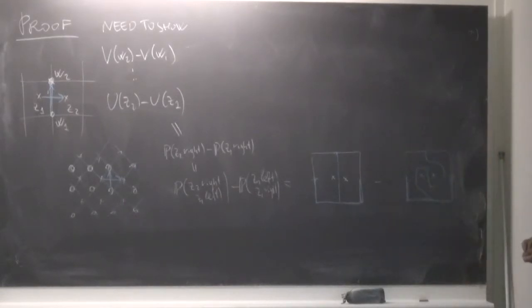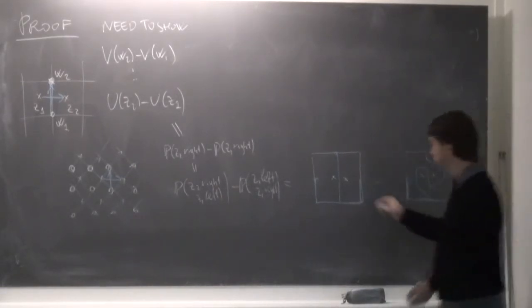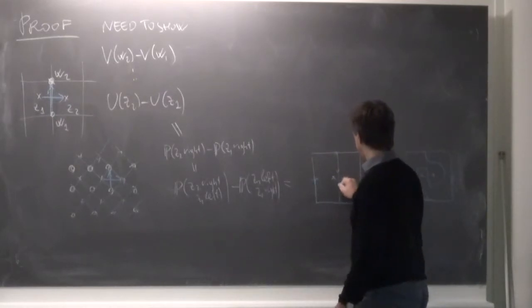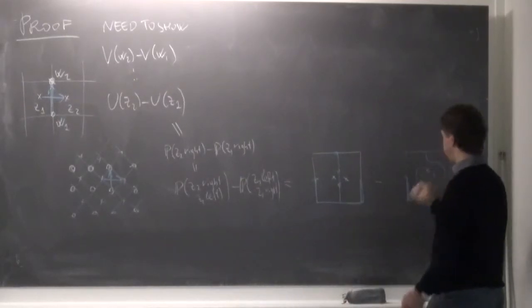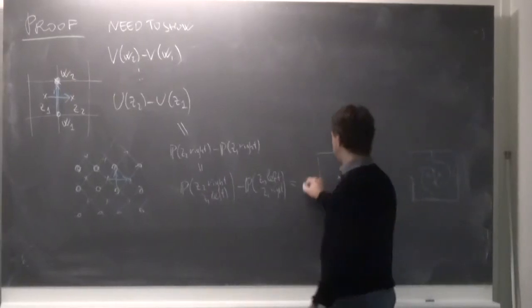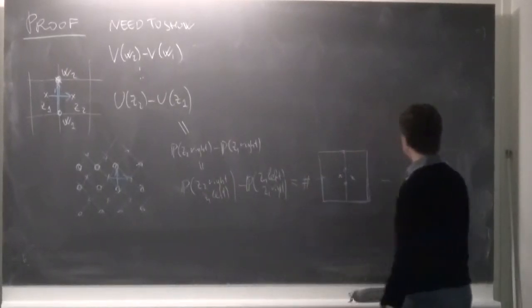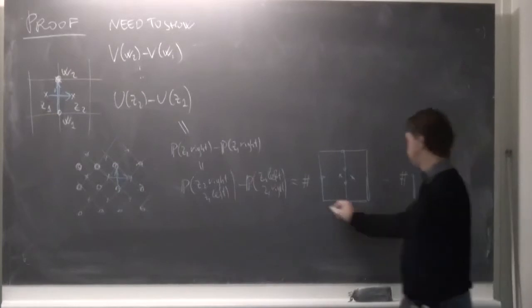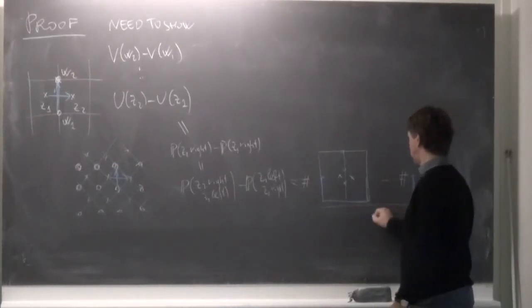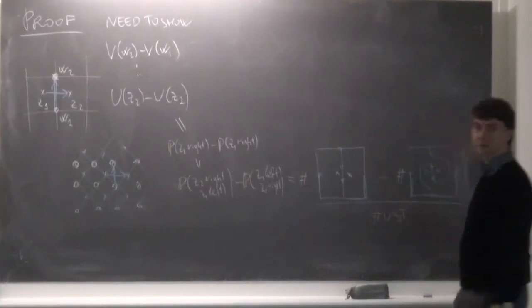So it separates them but passes the other way around. And then you count the number of such USTs, and then you divide by the total number of USTs.